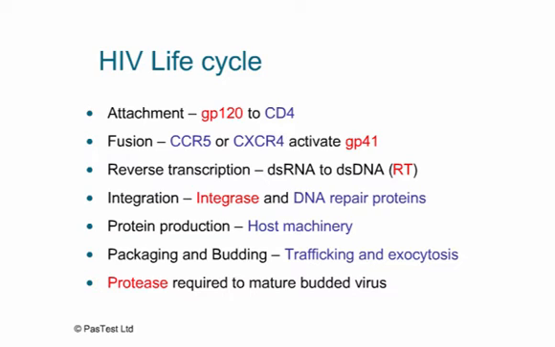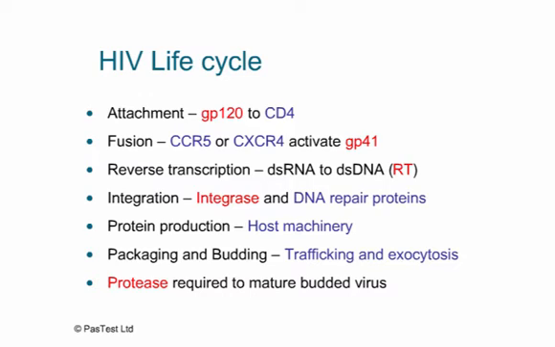Once this occurs, the viral DNA integrated into the host genome will hijack the host protein production machinery to generate viral proteins. These will then be trafficked to the cell surface, where they'll be packaged and arranged before the virus is budded and finally released, exocytosed.